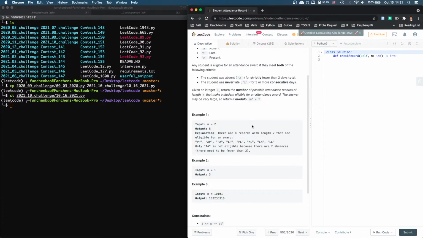We don't allow A, which means the first one is going to be P, and the second one cannot allow A. So if we don't allow A, then we go to the 1 situation, which is going to be 2.